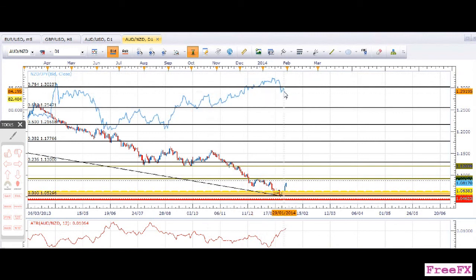So this is the Kiwi Yen dropping a considerable distance in the past week, and this is the Aussie Kiwi rising to a considerable extent.